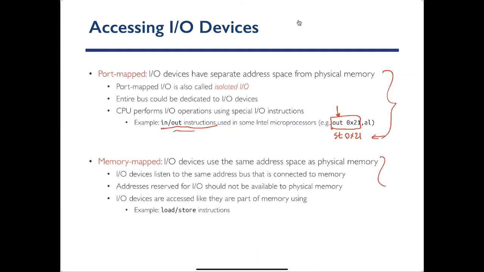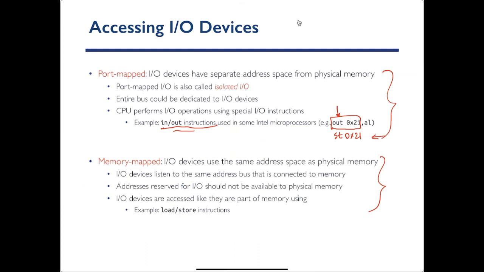What is usually used is memory mapped I/O, which is used for PCIe devices, for example. In this one, all the devices share the same address space with the memory. So the CPU always issues loads and stores, and the devices just have to know the range of memory addresses that are assigned to them.